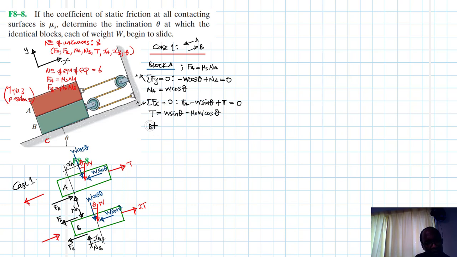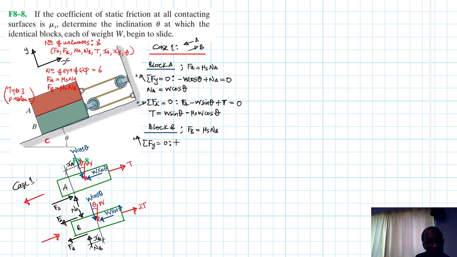Let's go to block B. Alright. Block B. Of course, here we also know that FB is equal to mu S NB. So let's say summation of forces in the Y equal to 0, going in this direction, which is our positive.